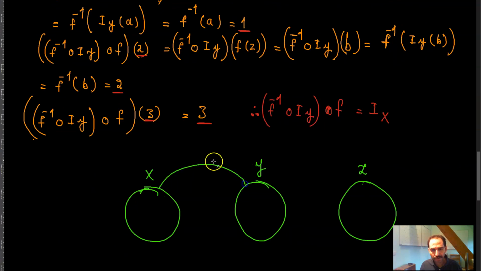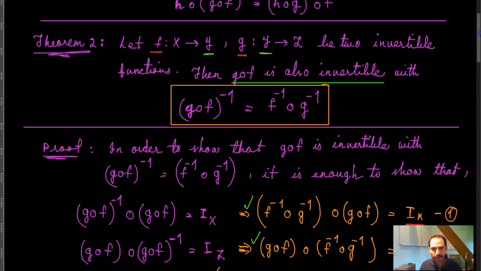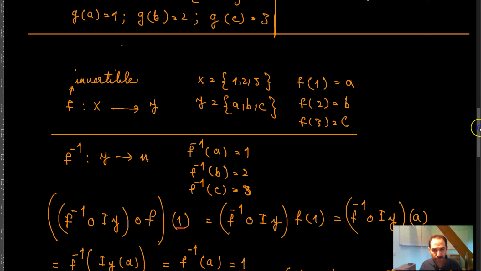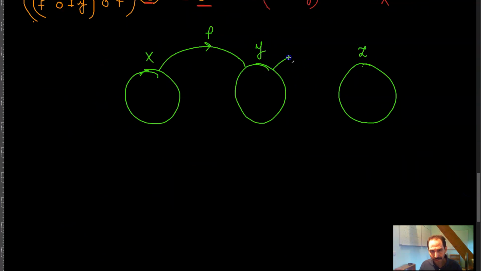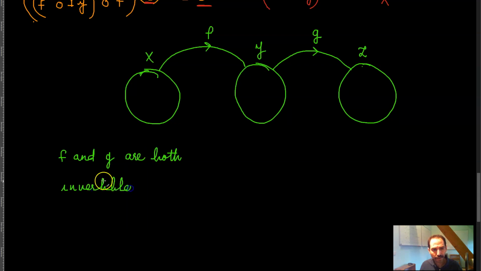There is another function g that goes from y to z, and f and g are both invertible.